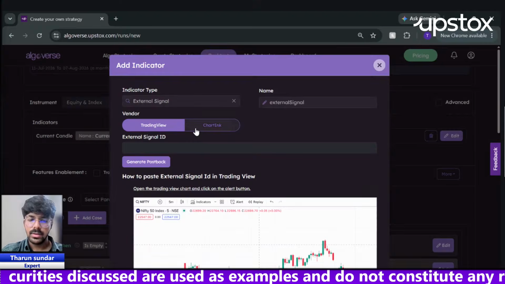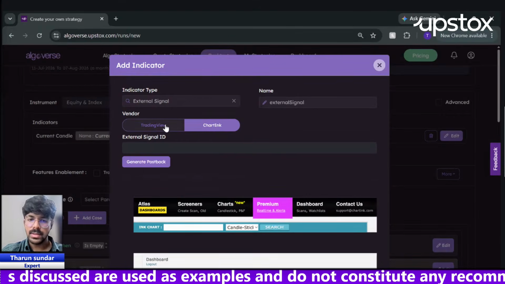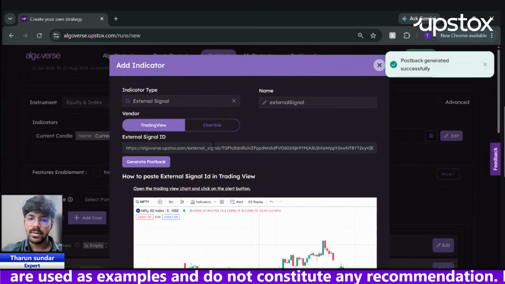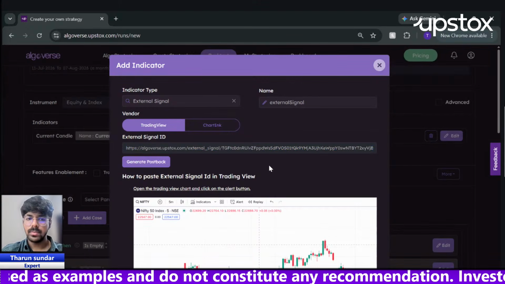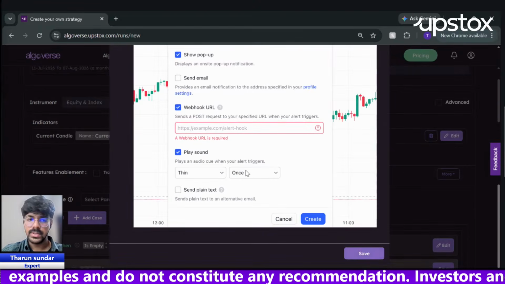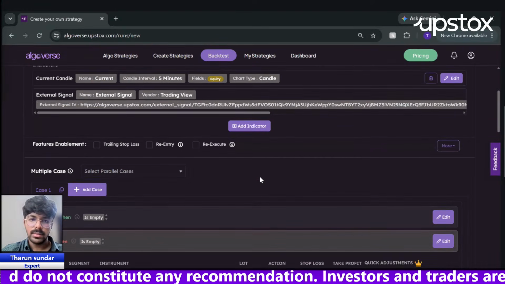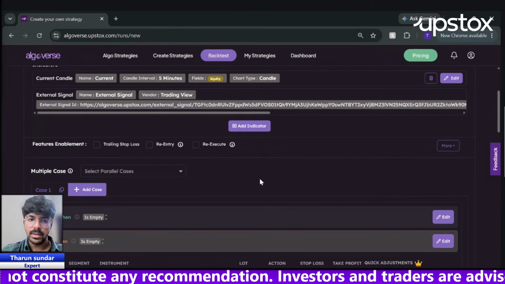But simply, you can choose your vendor, that is, your trading charting platform, and click on a postback URL. You can copy this, save this, and paste it in the indicator's alert tab.